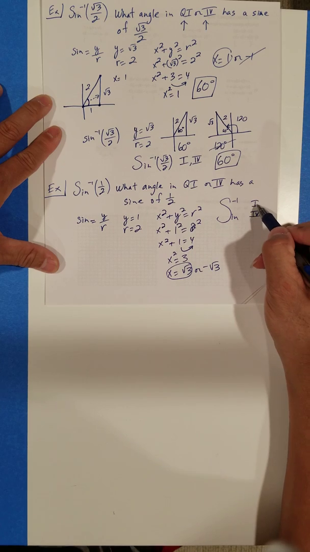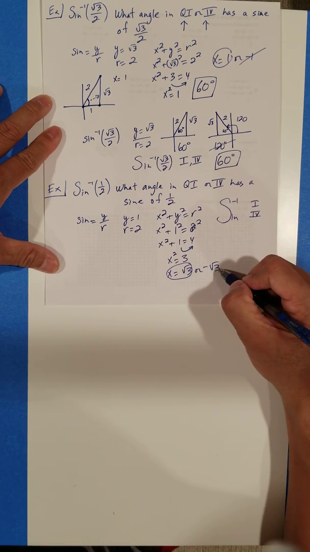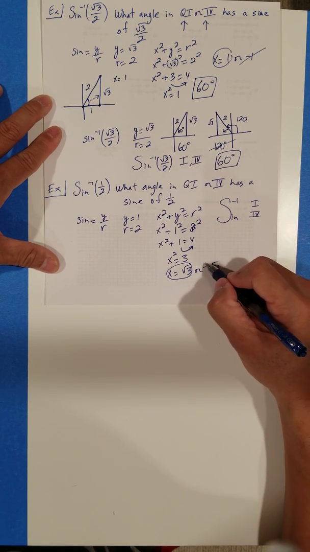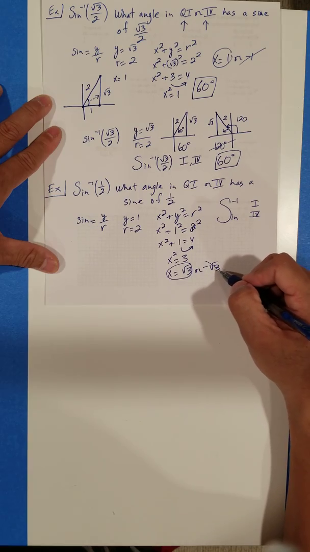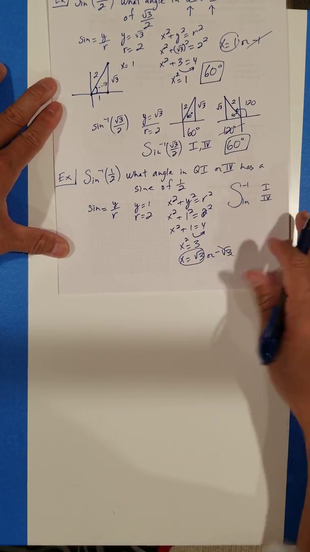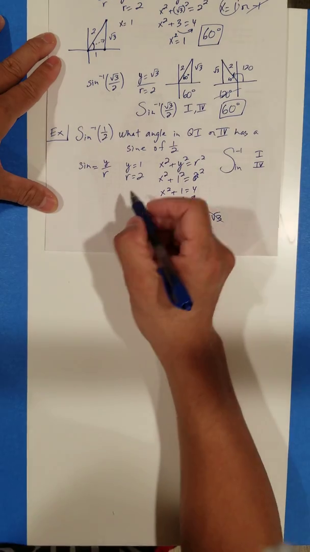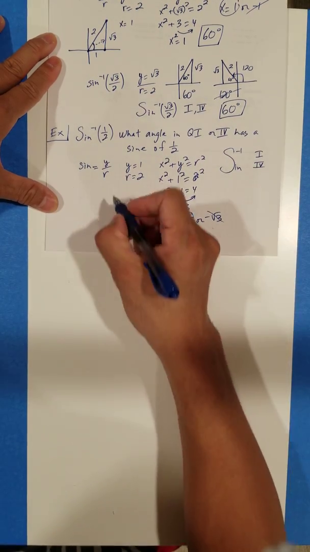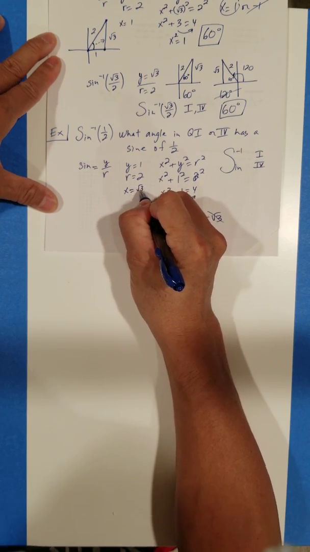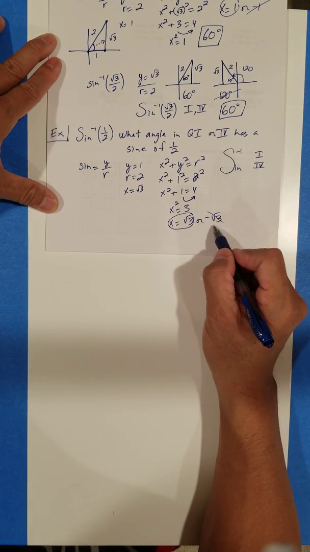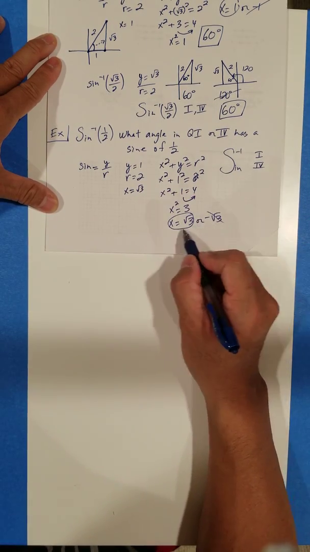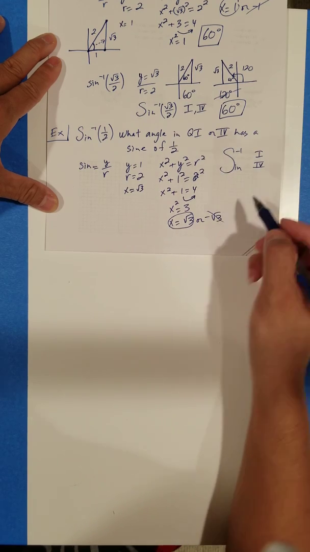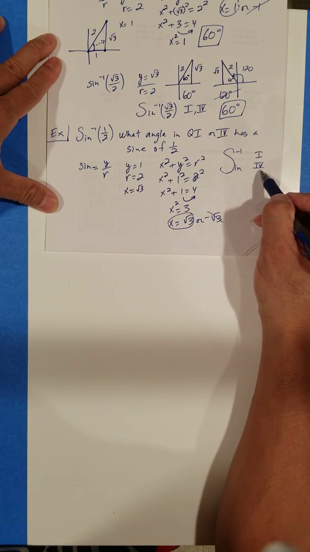In quadrant 1 or 4, can you have an x of negative radical 3? No. So x can't be negative radical 3 here. So now we're looking for an angle that has a y of 1, an r of 2, and an x of radical 3, not negative, because x is negative in quadrant 2 and 3. We don't want 2 and 3. We want 1 and 4.